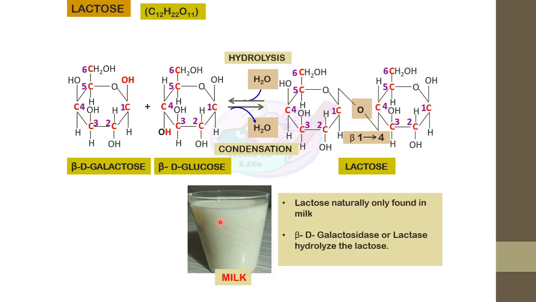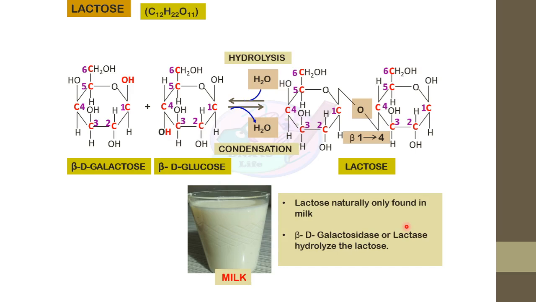Lactose is naturally present in milk and it can be digested by the lactase enzyme, and you must have heard the term lactose intolerance. Many adults lack this enzyme lactase, or they have very little of it. When such a person drinks milk, the lactose moves through the small intestine and is not digested, so it is not absorbed into the blood stream.